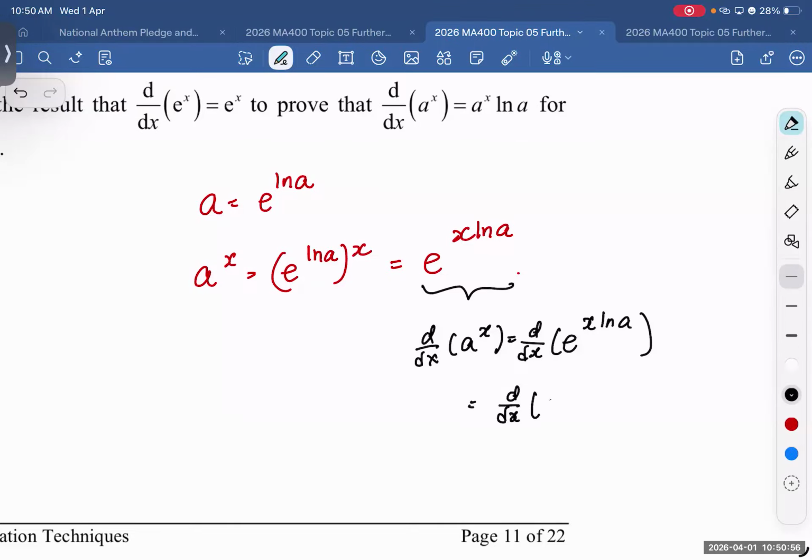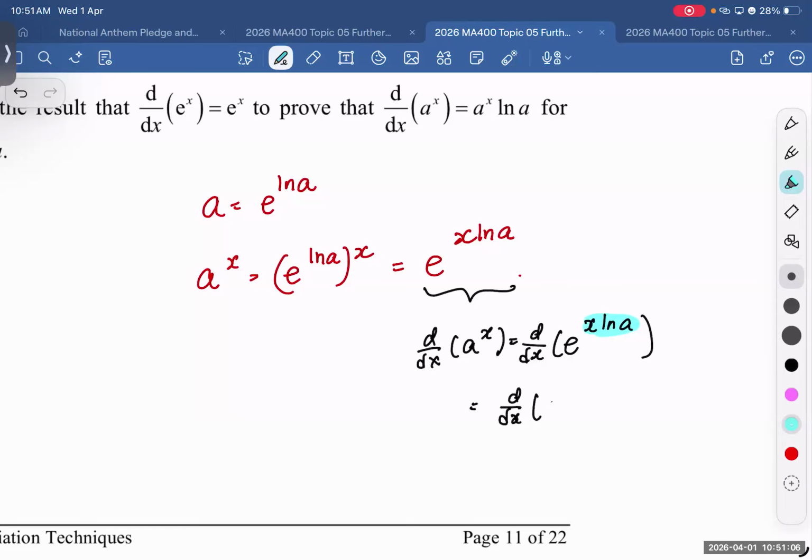You can think of this like f(x). Power x, times e power log a.